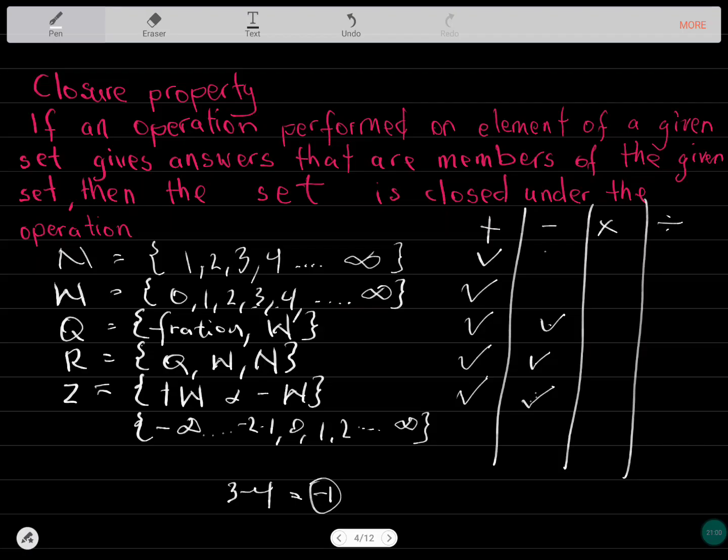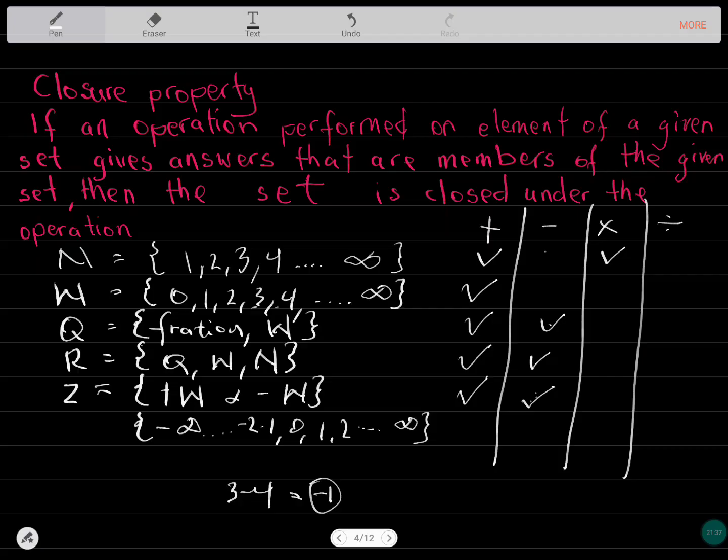All right. Now, when we come to multiplication, we could conclude that almost all the sets of real numbers are closed under multiplication. Almost all the sets we have here, because if we pick natural numbers, every number we obtain by multiplying members of natural numbers would also give us a natural number.